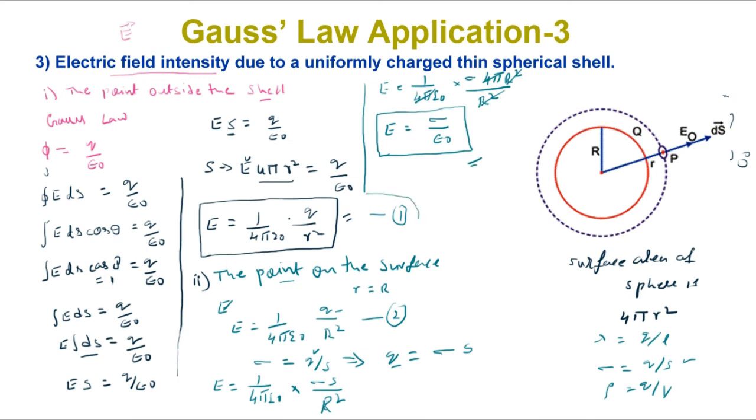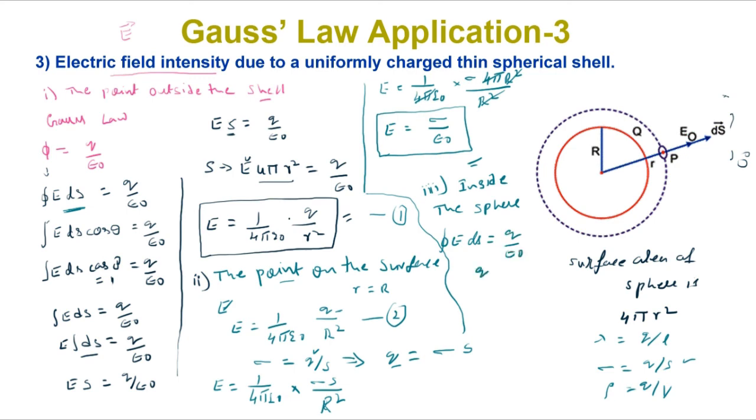And the last one, the third, is inside the sphere. Inside the sphere, first of all, no charge exists. Taking the equation, the total flux, E into ds, is equal to charge divided by epsilon naught.